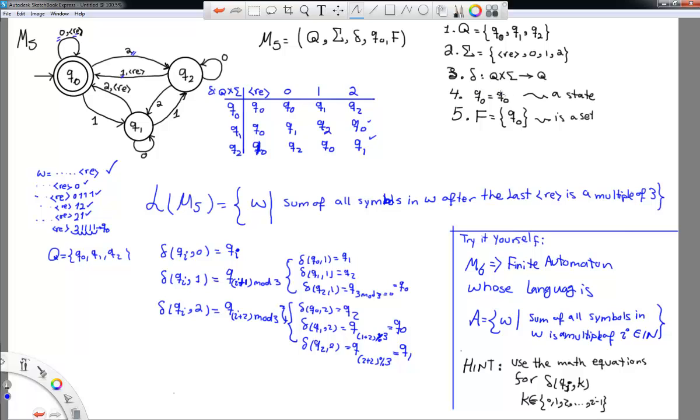The initial state is Q sub 0, and the set of accept states is the set composed of Q sub 0. So using the same four input symbols, 0, 1, 2, and reset, we would like to design this automaton M sub 6. Let's see how we can do this.